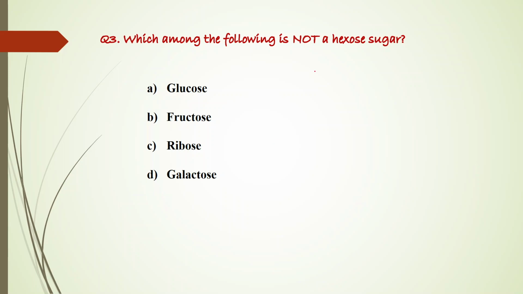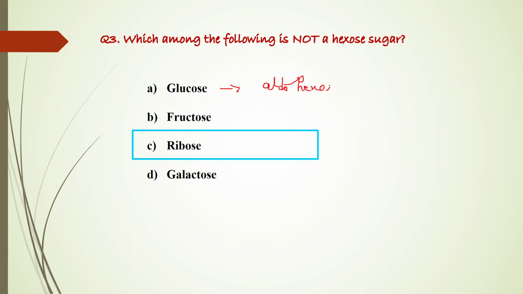So for this question, I already have an answer. Exactly, you are absolutely correct. The answer that you gave, yes, ribose is not a hexose sugar. So in case of the options, what is glucose? Glucose is an aldohexose. Sorry for my bad handwriting again.